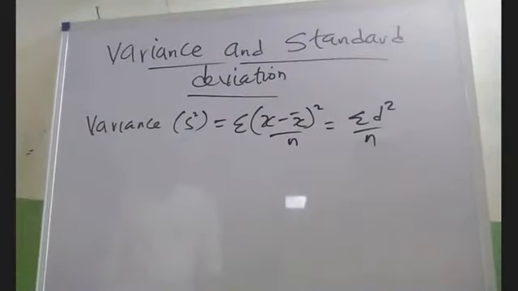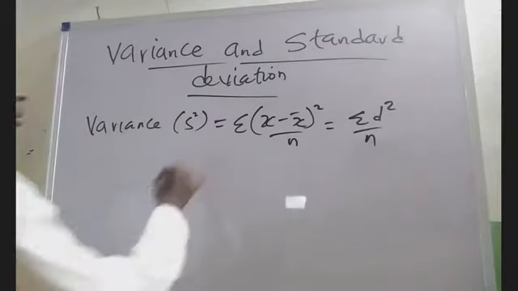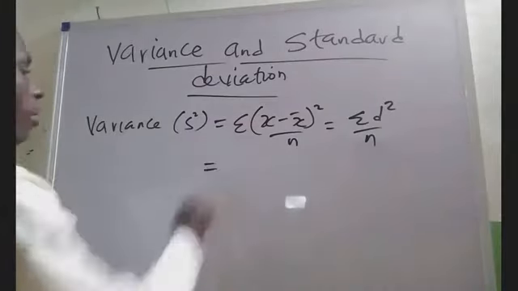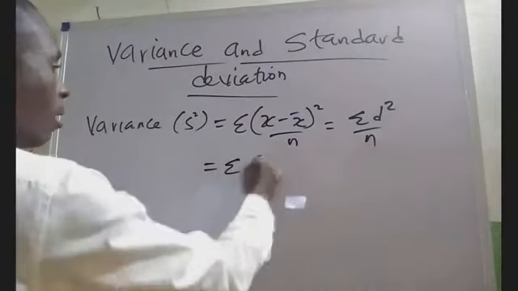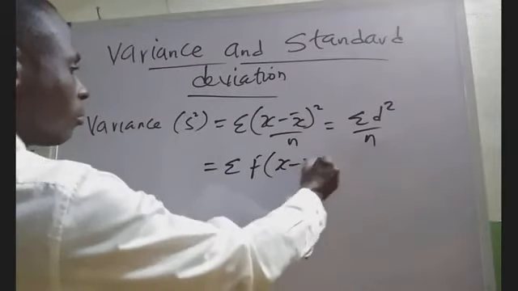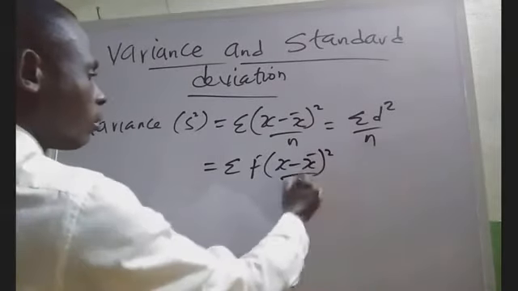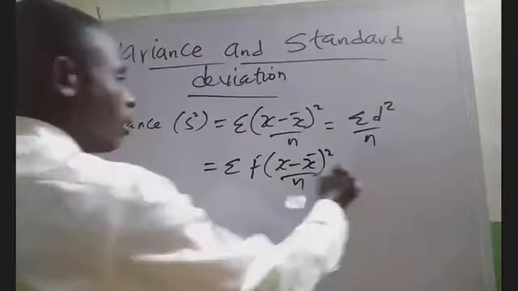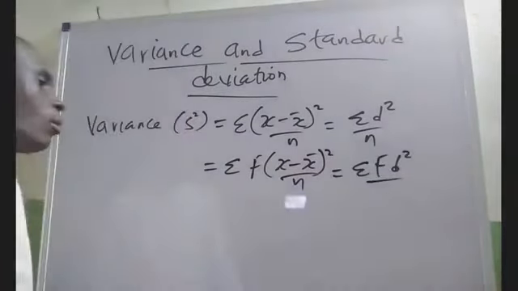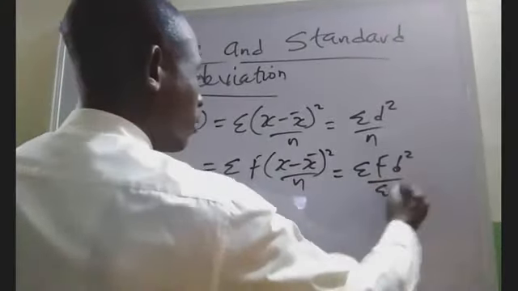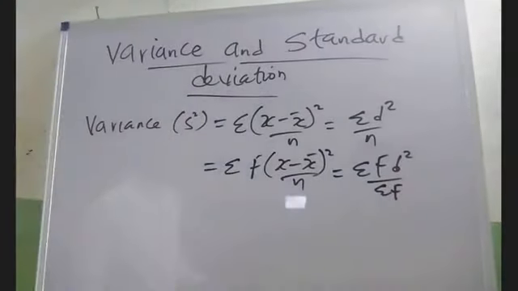If we are dealing with data that have frequency, variance is equal to sigma f x minus x bar all squared over n. That's the same thing as sigma f d squared over sigma f.